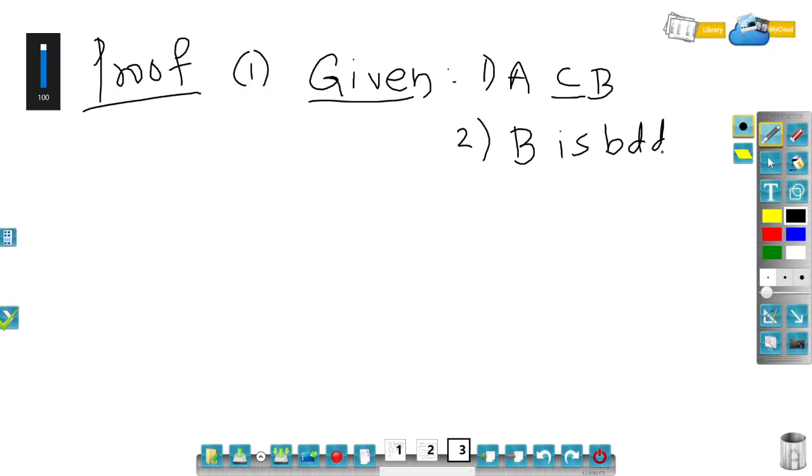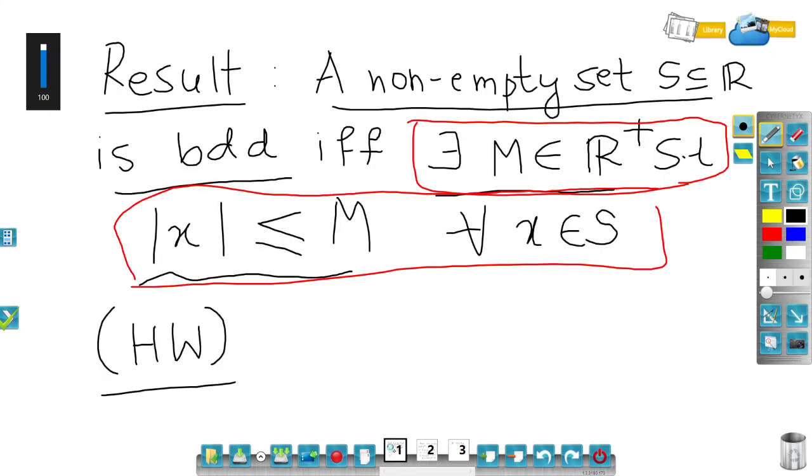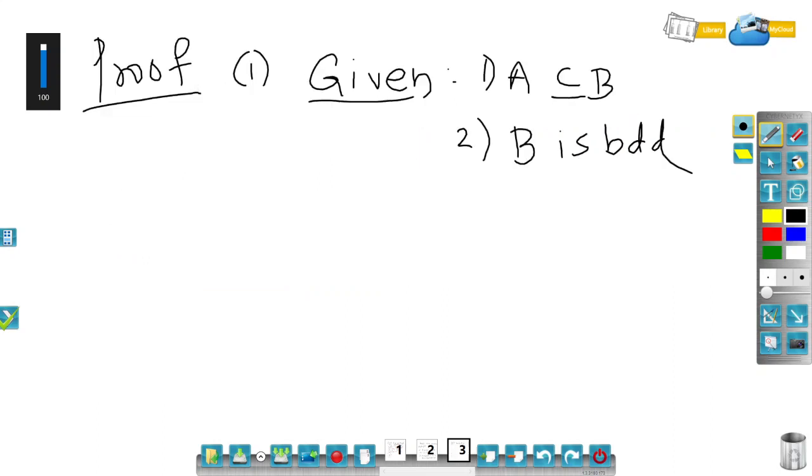So when I say B is bounded, I can easily write down that there exists a positive real number M belonging to R plus such that mod x is less than or equal to M for every x belonging to B. In this case my set is B, hence I say B.